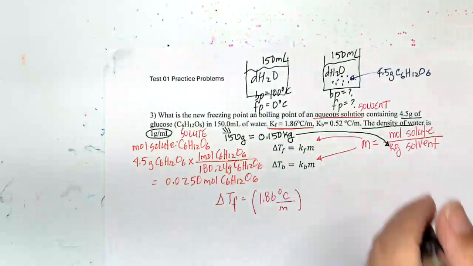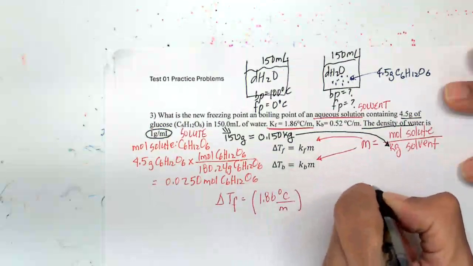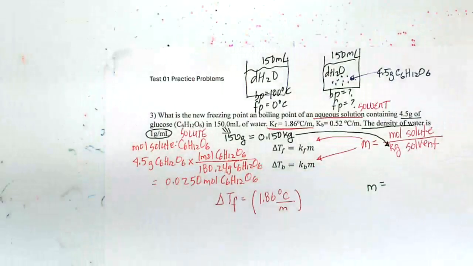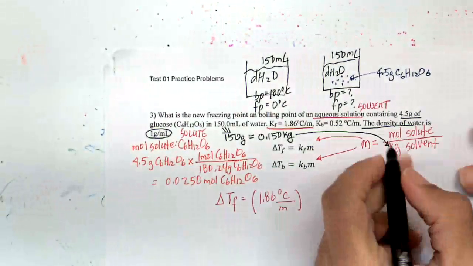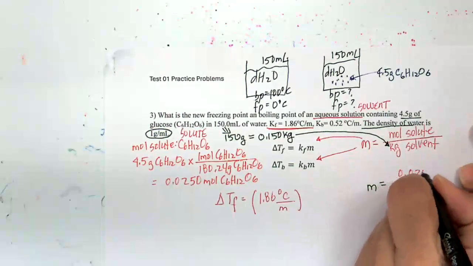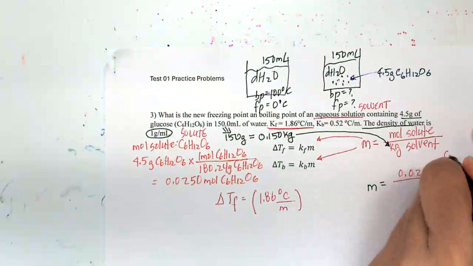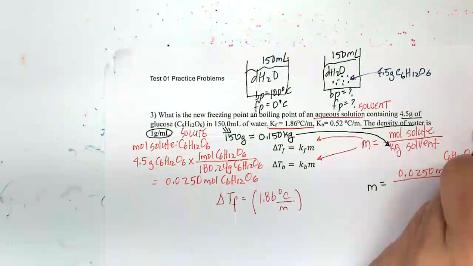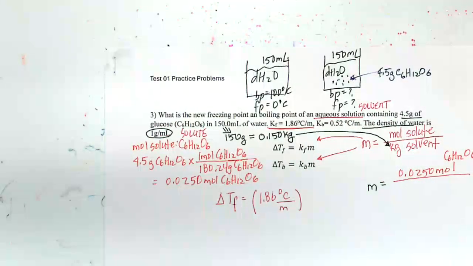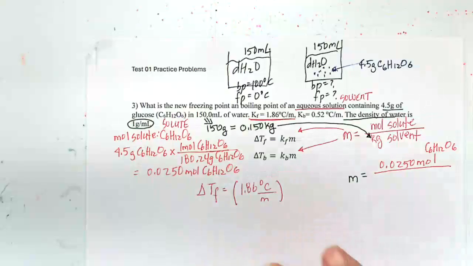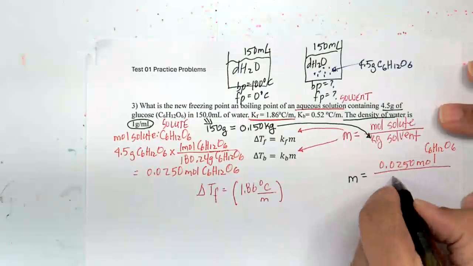So let's calculate the molality here. Moles of solute is 0.0250. Kilograms of solvent is 0.150 kilograms.